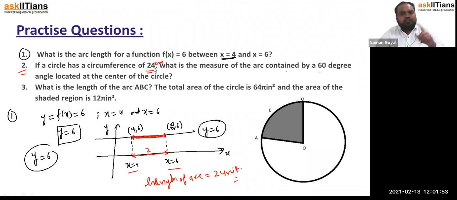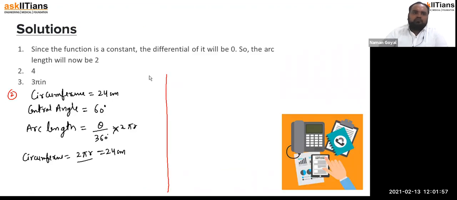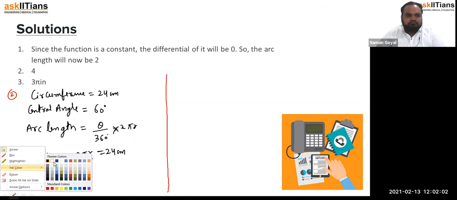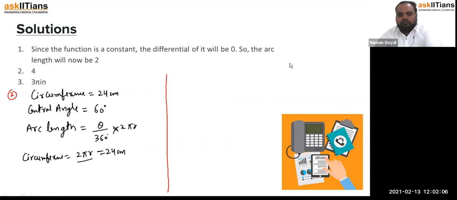If the unit is not given, written as 24 unit only, then you have to write the answer in unit also. If you get 5, you can write 5 unit. If there is no unit given in the question, then you have to write down unit itself.